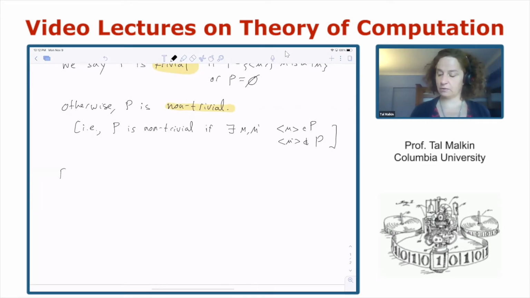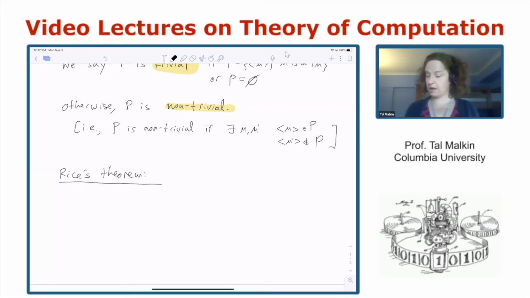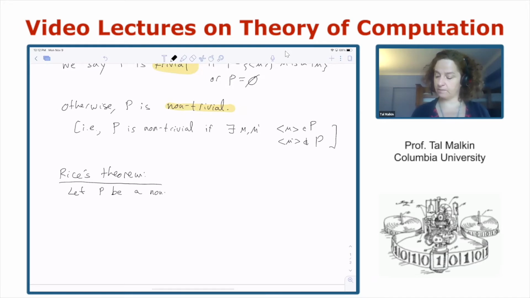Okay, so here is the theorem. Let P be a non-trivial property, a language property of recognizable languages.